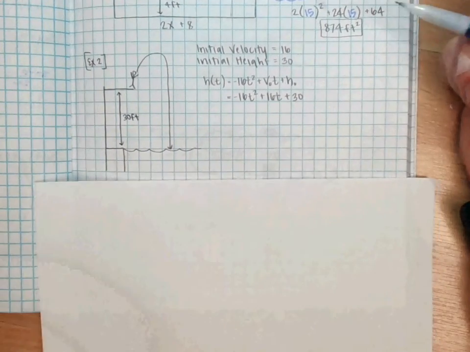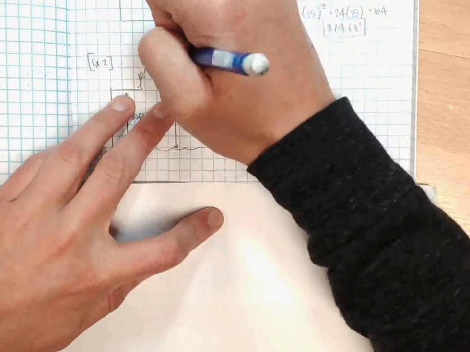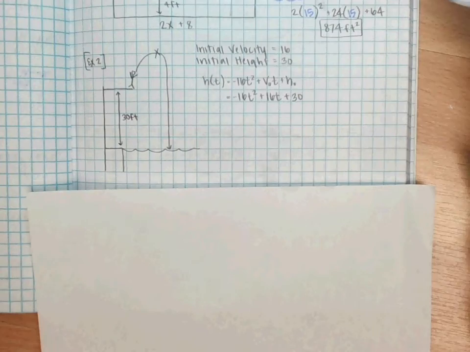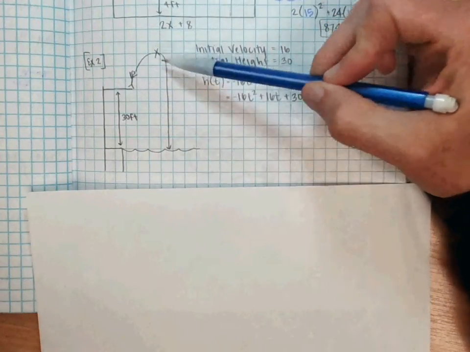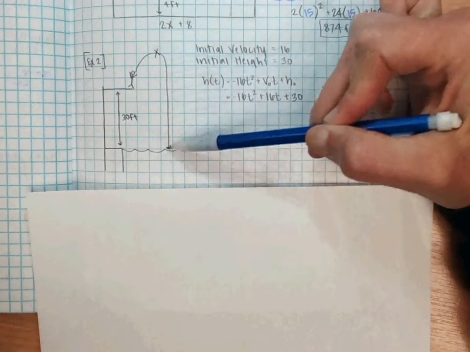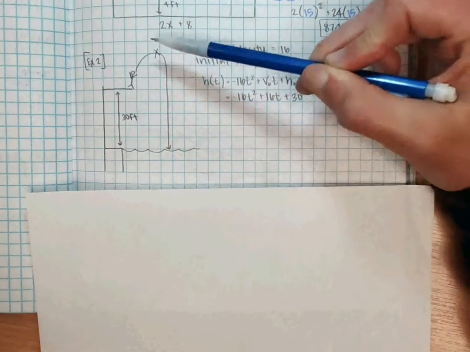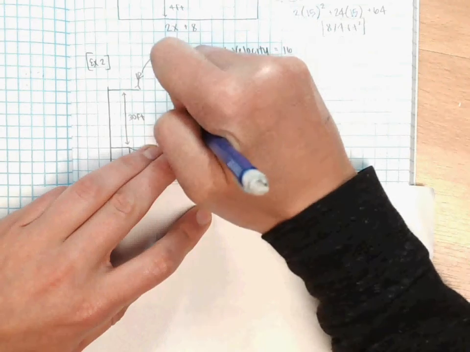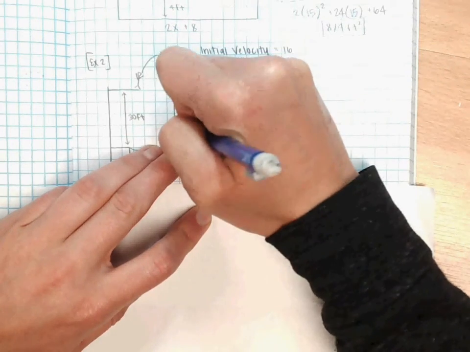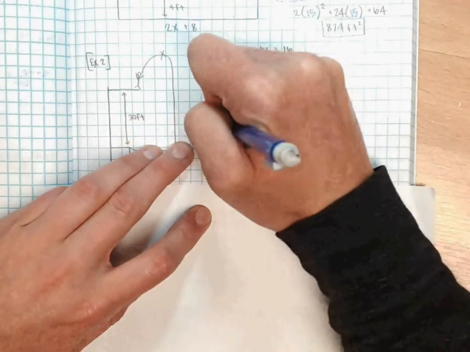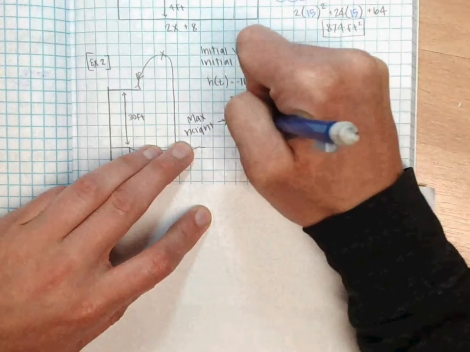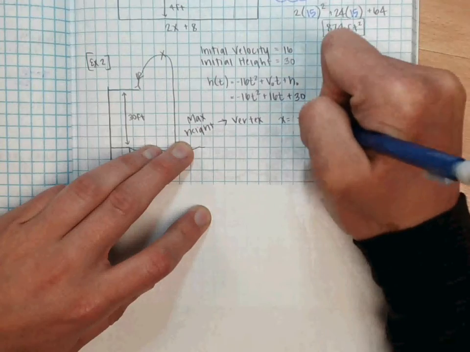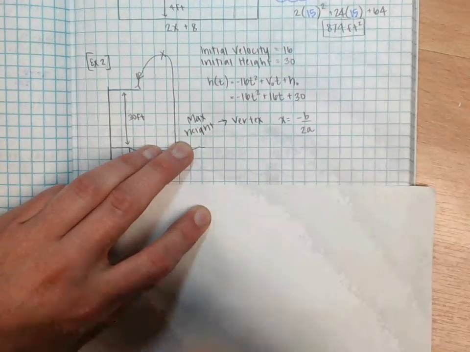Then they asked us to find the maximum height of the diver. If I'm looking at the shape of the dive, that's a parabola. The maximum, remember, is finding the vertex. So if we're looking for the max height, that means the vertex, and the vertex is found by negative b over 2a.